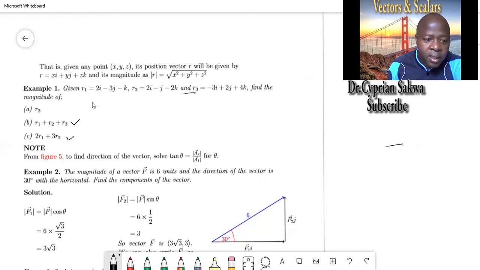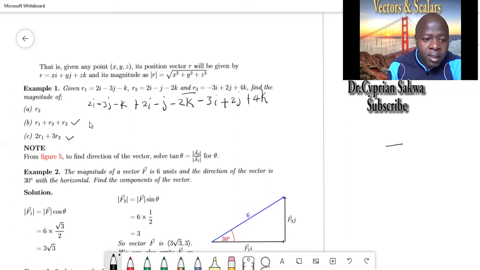So let's add. r1 is 2i minus 3j minus k. r2 is 2i minus j minus 2k, and r3 is negative 3i plus 2j plus 4k.